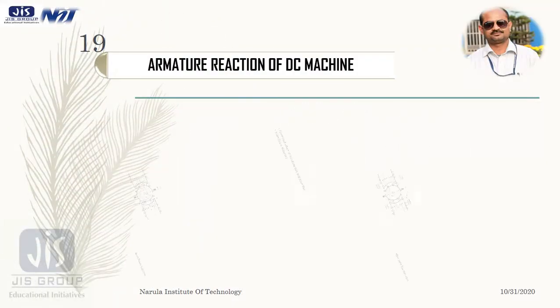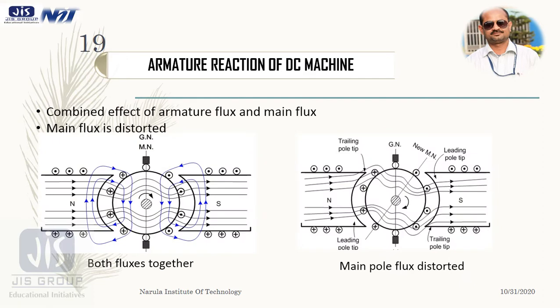Now both the fluxes are acting simultaneously. So this is my OFM and this is my OFA. This is due to main flux only and this is due to armature flux only.